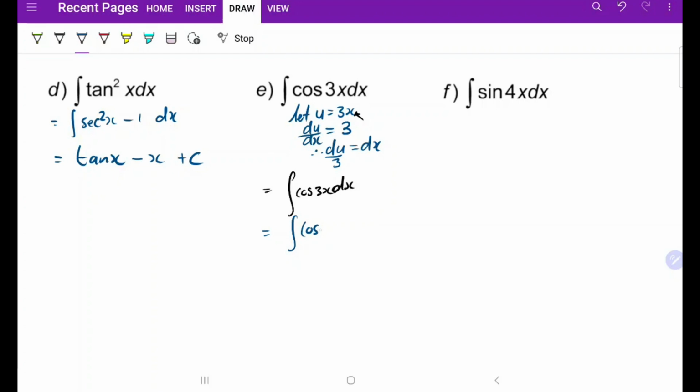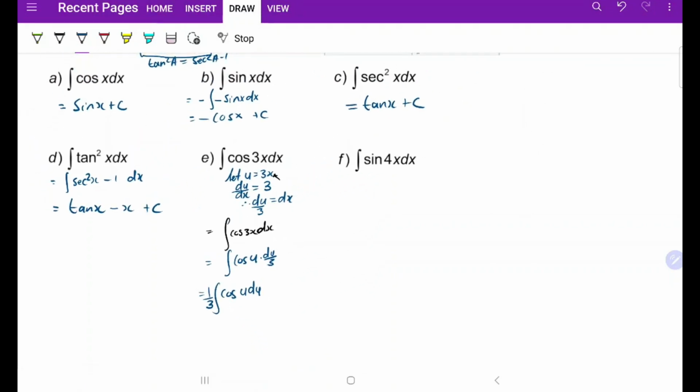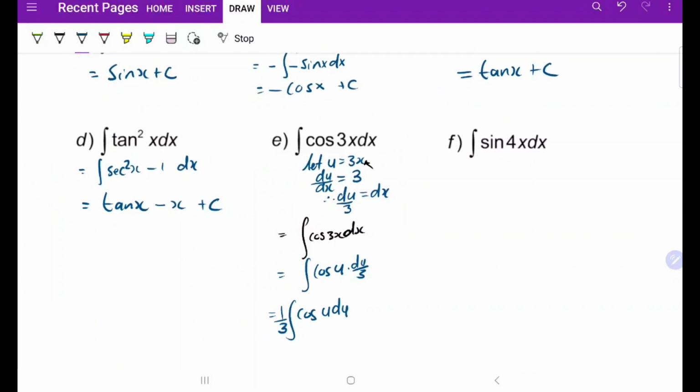So this becomes the cos of u, and then wherever we find dx in the original expression, we can write it as du over 3. And you can put the 1 over 3 outside as a constant, and then all that you are doing is finding out what the integral of cos of u is. Now our integral is in terms of u, and therefore it makes our life so much easier.